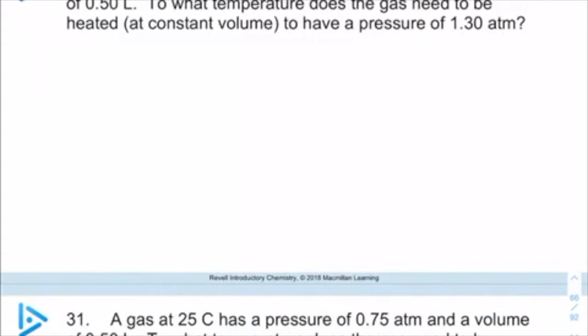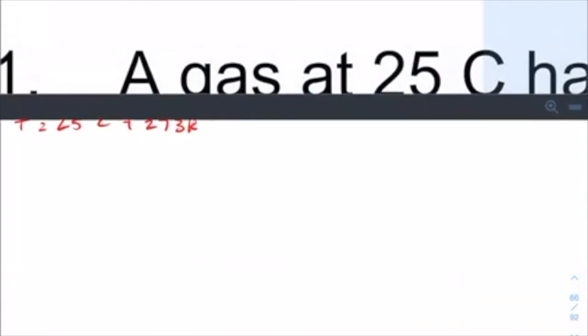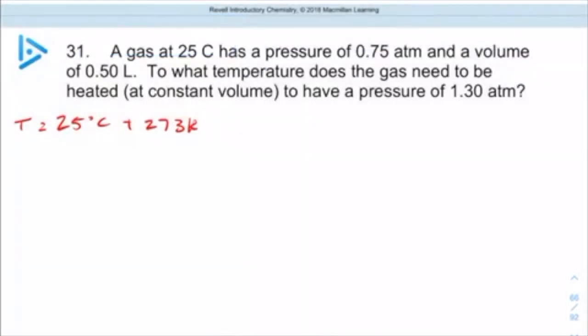Right, moving on. Number 31. A gas at 25 degrees C. And just automatically convert all degrees Celsius to Kelvin.